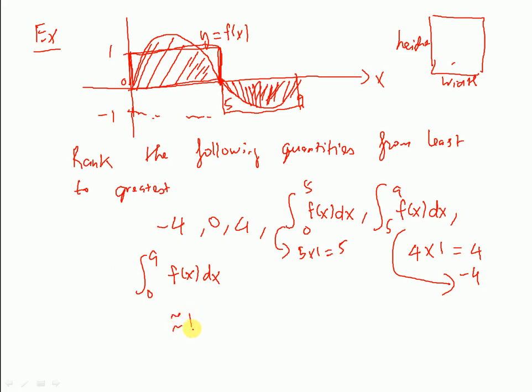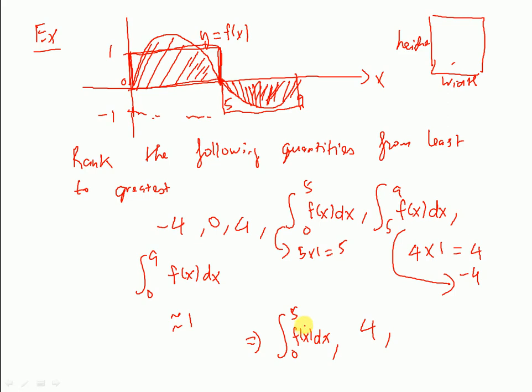Now, we can compare the answers. So the first one, this one is 5. So we can say that this one is the largest value, right? So the answer is 0 to 5 is the largest value. And the next one, which one? This one is 4, so 4 is the second value.